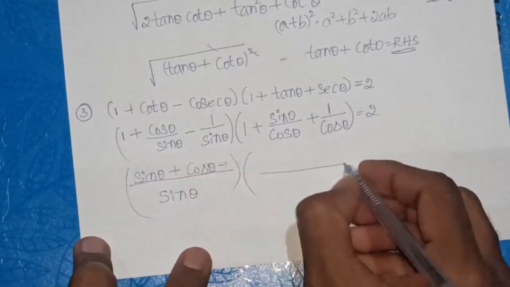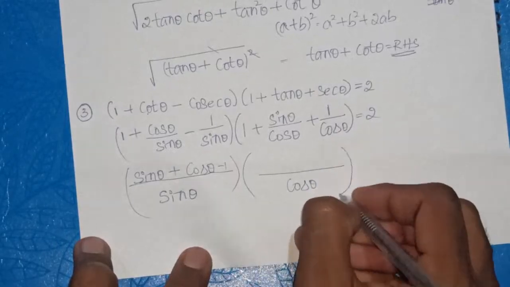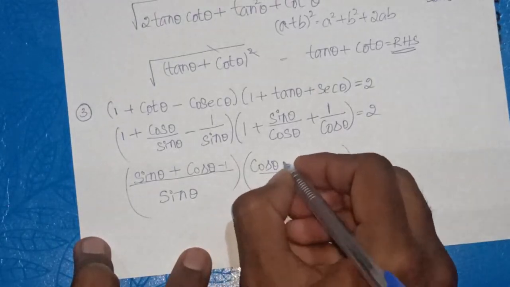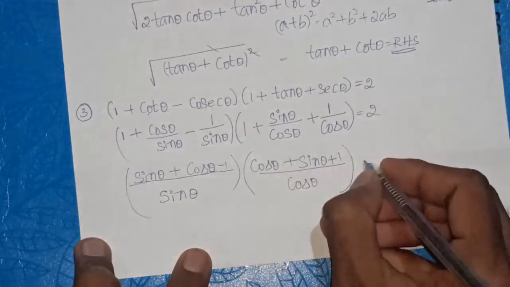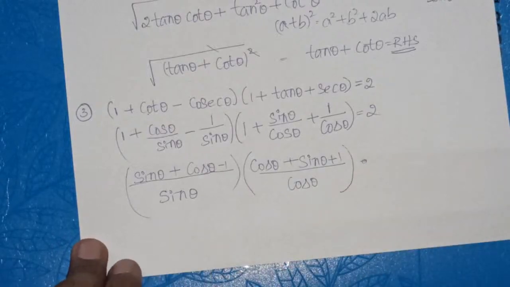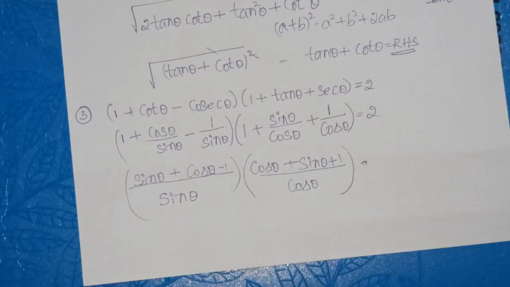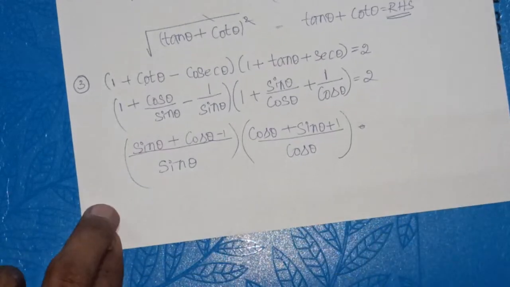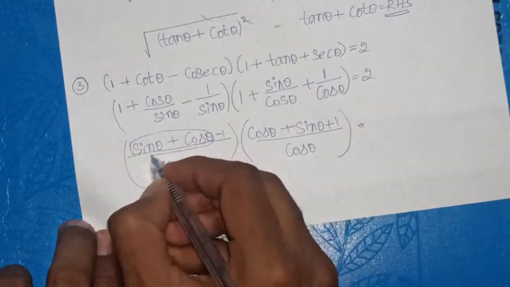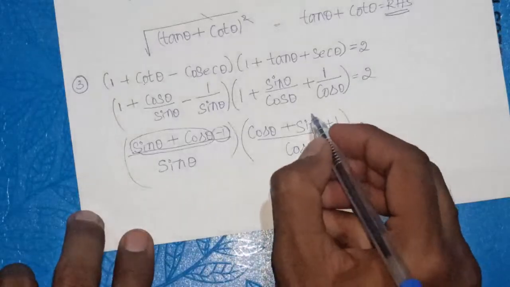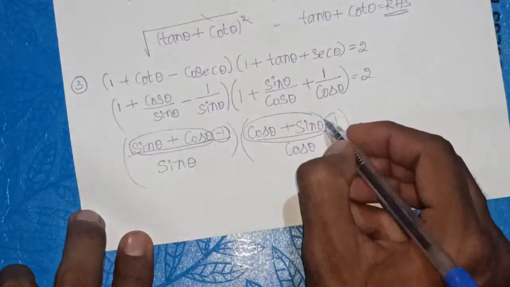Here we will get, by taking LCM, cos theta plus sin theta plus 1, and here we will be taking sin theta plus cos theta as one term and minus 1 as second term. Here cos theta plus sin theta as one term and plus 1 as second term.